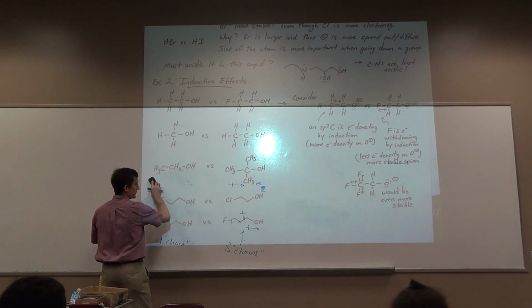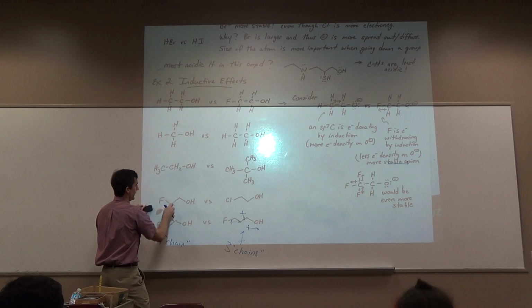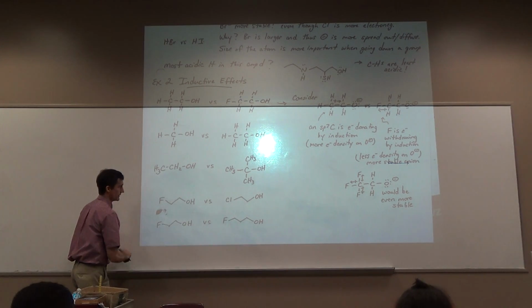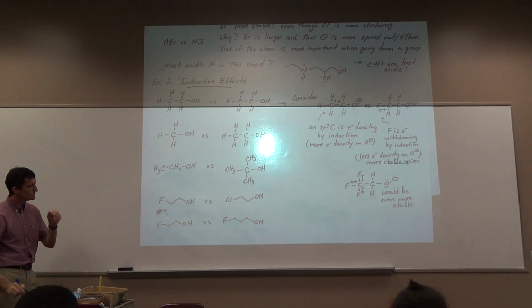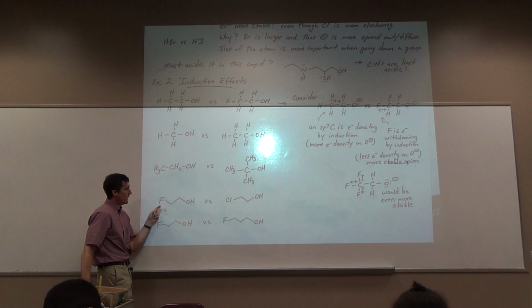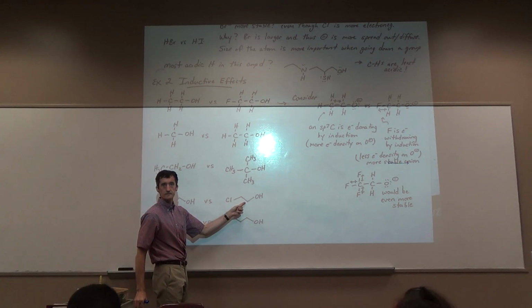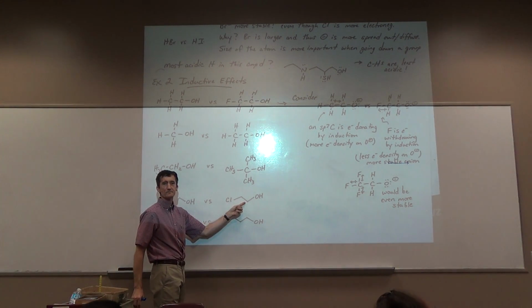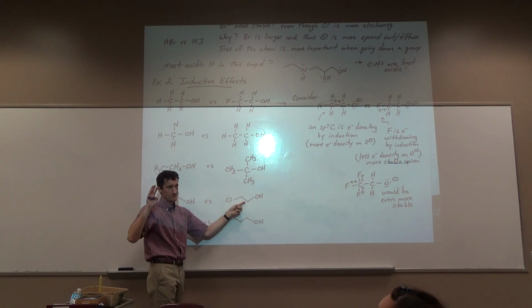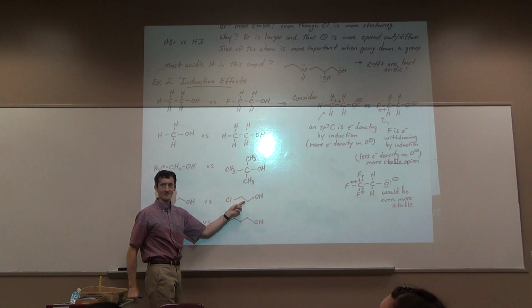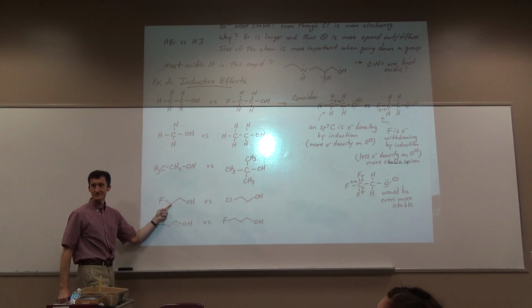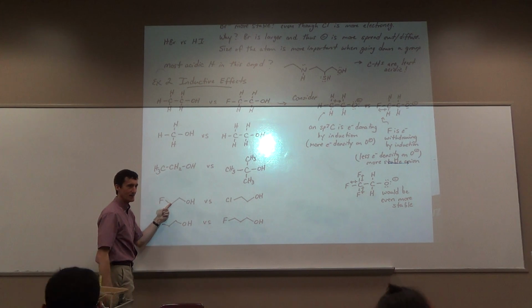How about these two across here, the F and the chlorine? Which one's more acidic? Who says this one on the right? Am I right? Who says the one on the left? Yeah, left.